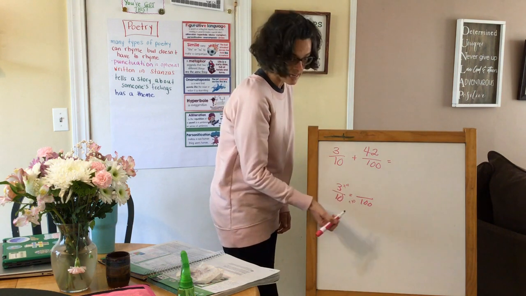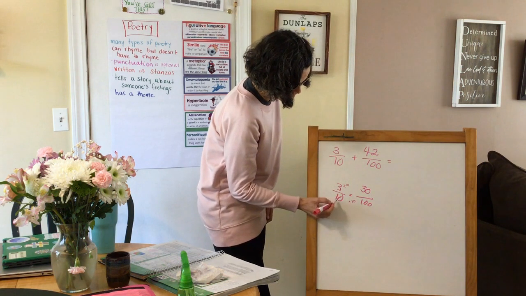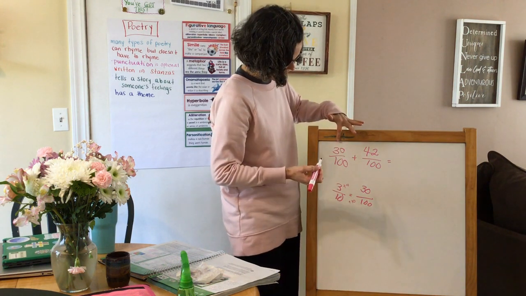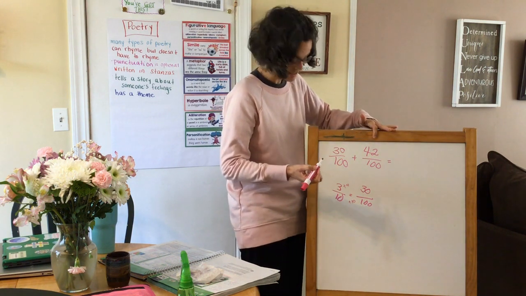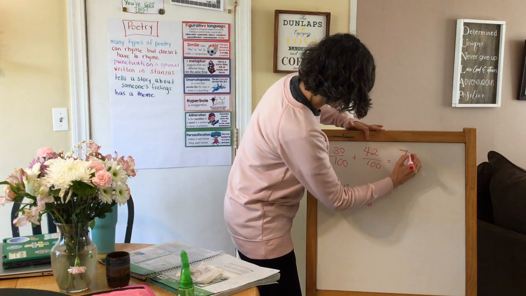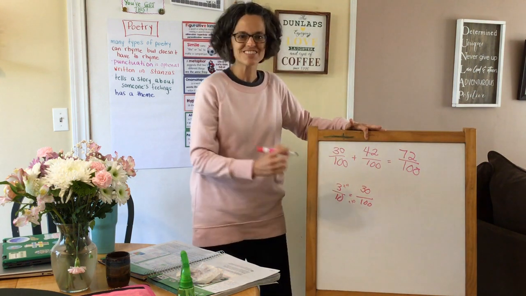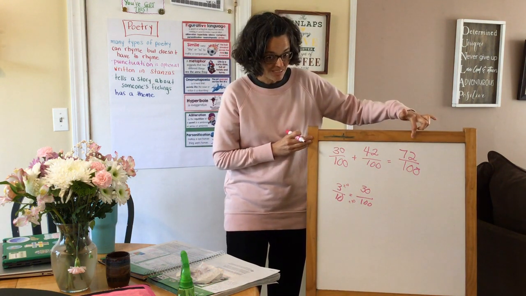So 3 times 10 is 30. So I'm going to change 3 tenths to 30 hundredths. Now I can add 30 hundredths plus 42 hundredths, which is 72 hundredths. Did I get that right? 72 hundredths. All right, so that's what you needed to do.